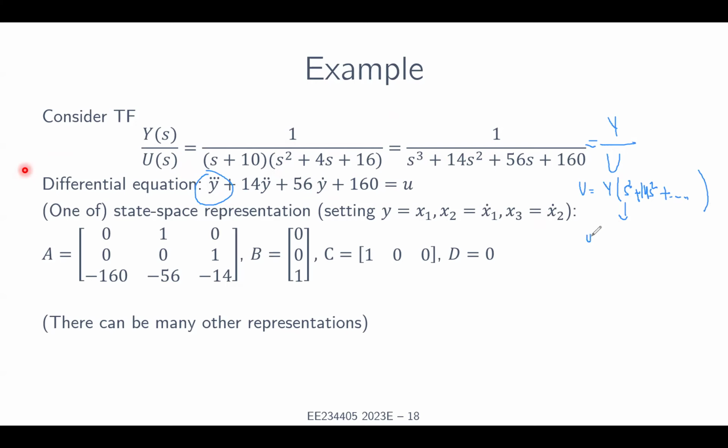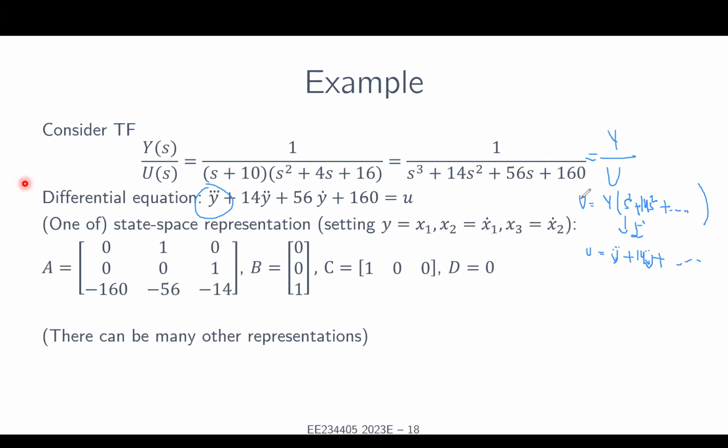So if we do an inverse Laplace transform, it would be u equals y triple dot plus 14 y double dot and so on, right? Plus 56 y dot and plus 160 y. Yeah, sorry, I missed the y here. Let me change this again.